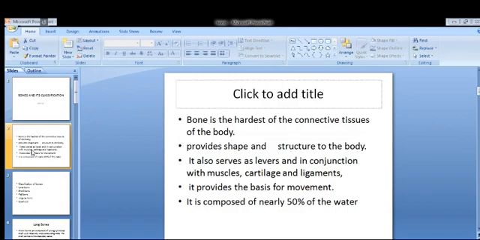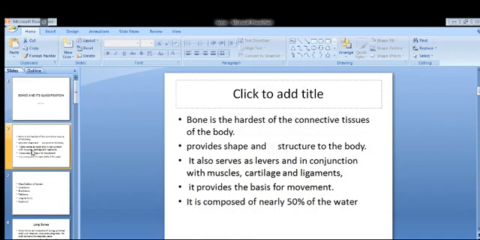Now, in bones, we have been hearing this word right from the very childhood. Bone is such a common word which we are using.